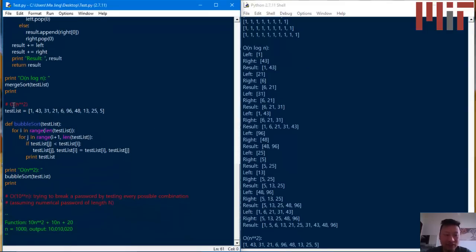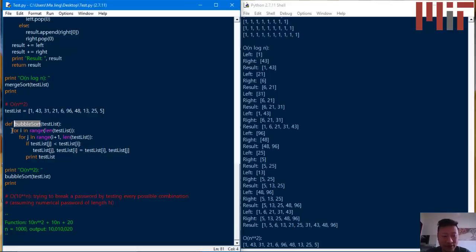Next we have another function which is polynomial time, big O of n to the 2. Again, you have a test list of 10 elements, unsorted, the same list actually, and we're going to pass them into a function called bubble sort.